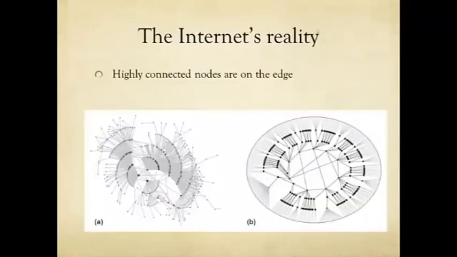What is the internet's reality then? Here's a multiple choice with two choices. Graph A shows a typical Achilles heel kind of network. You've got very highly connected nodes like these two sitting in the center of the network. And graph B turns out to have the same degree distribution.